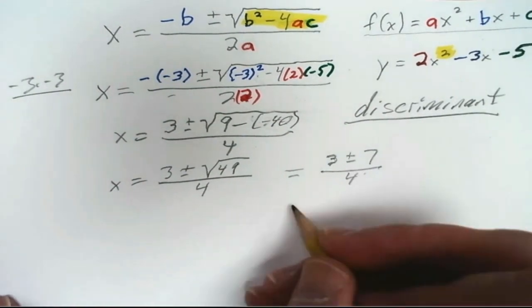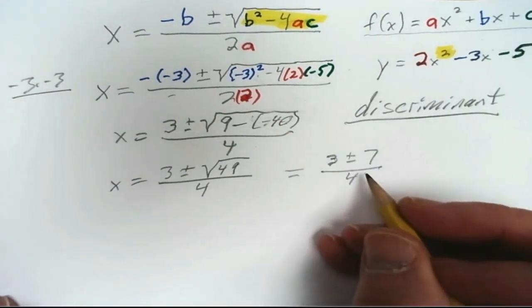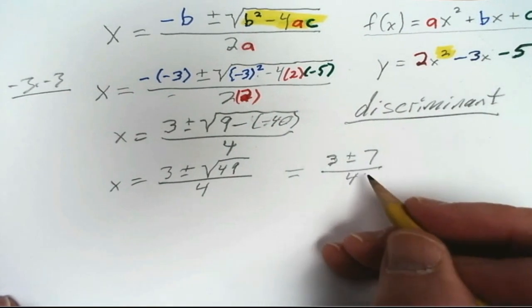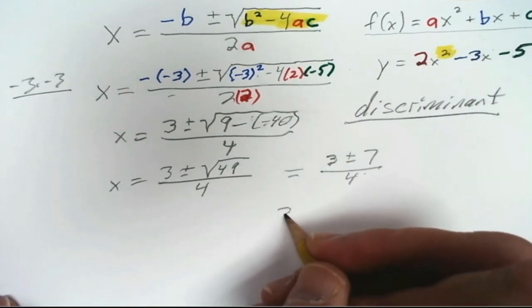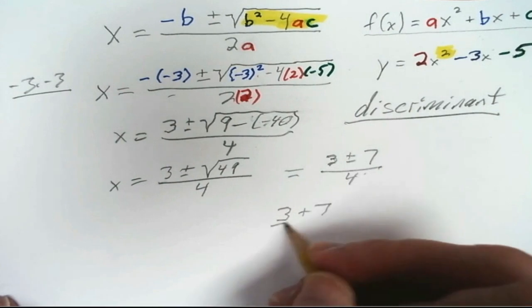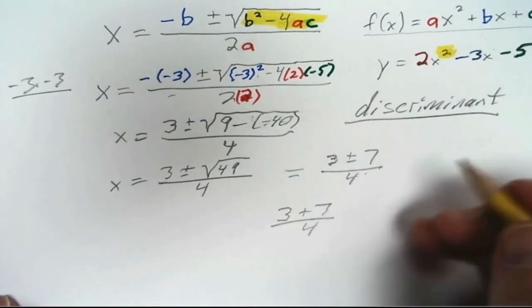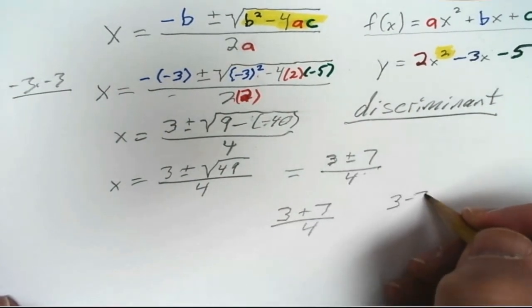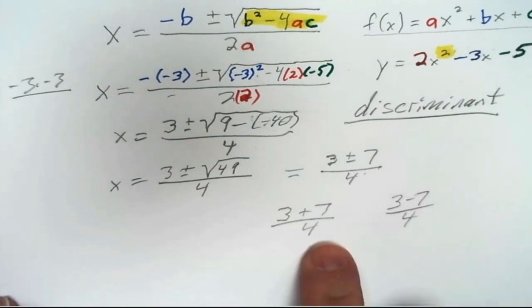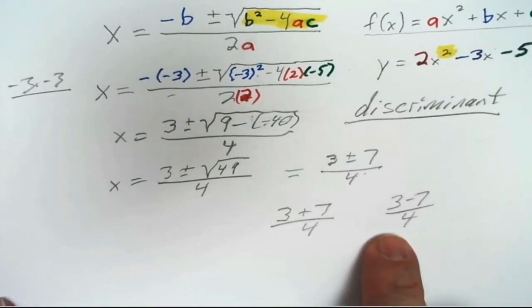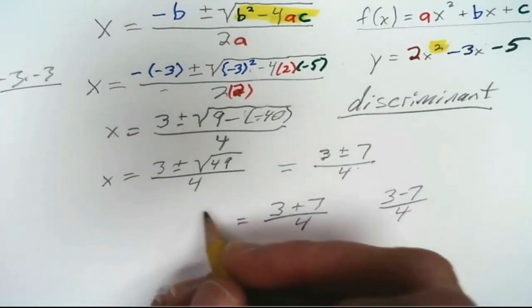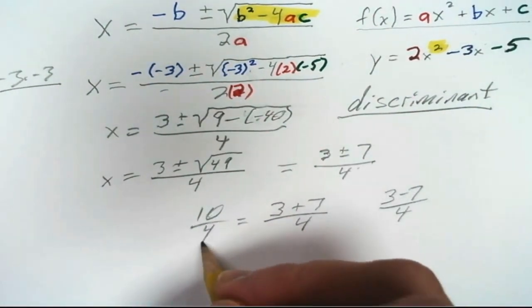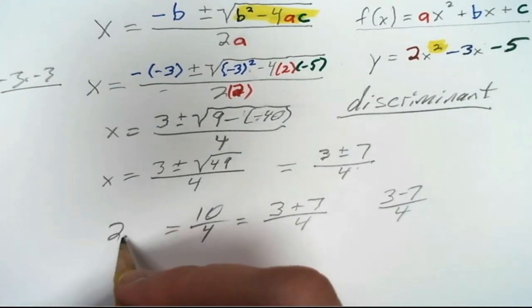Almost there. We said it had 2 solutions. This is 2 solutions because this is 3 plus 7 divided by 4, or 3 minus 7 divided by 4. See, we take the plus and the minus, and that's 2 different solutions. So 3 plus 7 is 10/4, which is the same as 2.5, right?